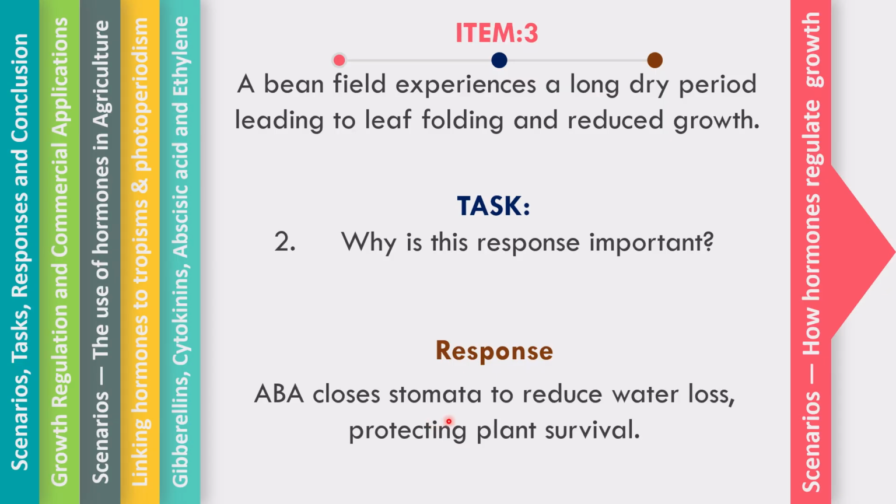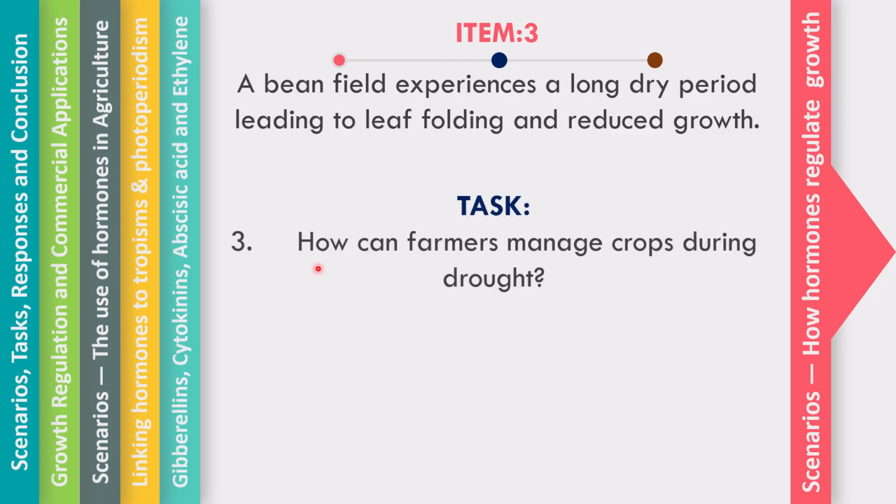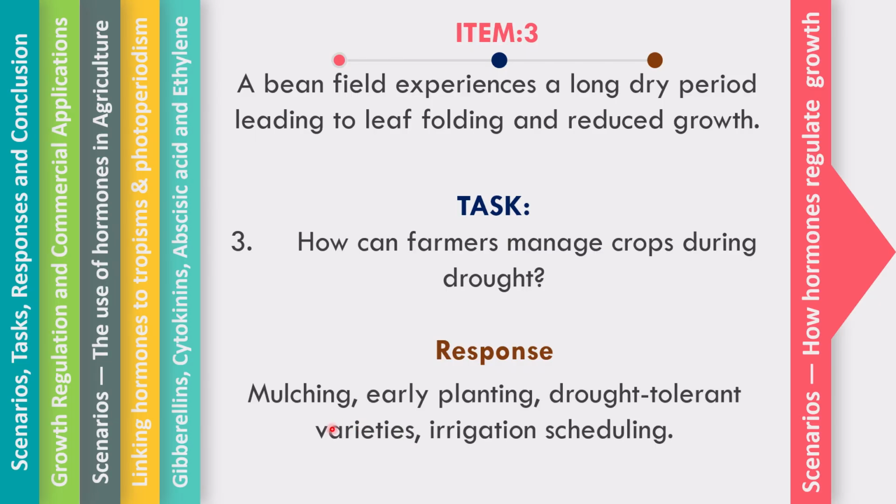Abscisic acid closes stomata to reduce water loss, protecting plant survival. How can farmers manage crops during drought? Mulching, early planting, drought-tolerant varieties, irrigation scheduling.